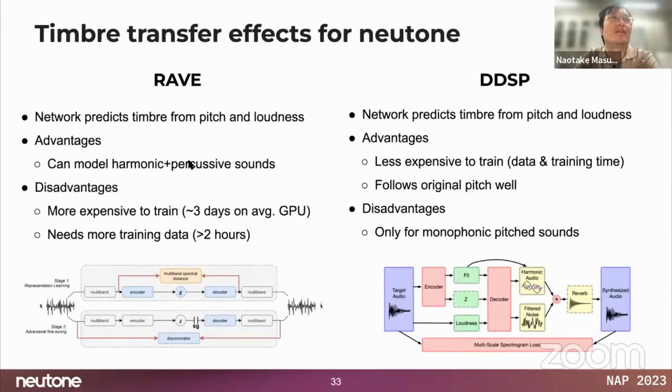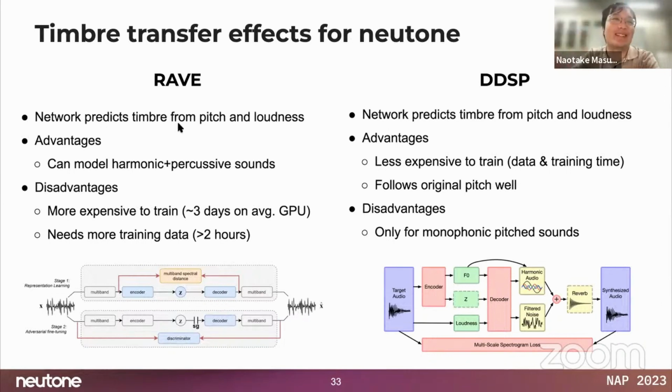There are two main timbre transfer effects that we currently support for Neutone. The first is RAVE. The RAVE network directly models the raw waveform of the audio. Well, okay, the first sentence I said was the explanation for the DDSP model, sorry.